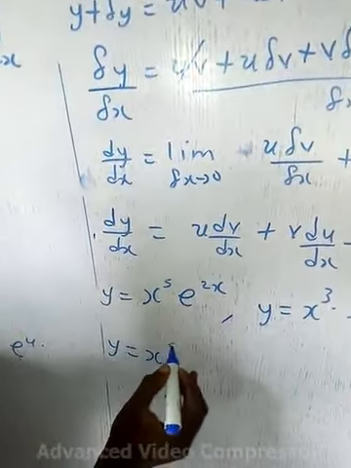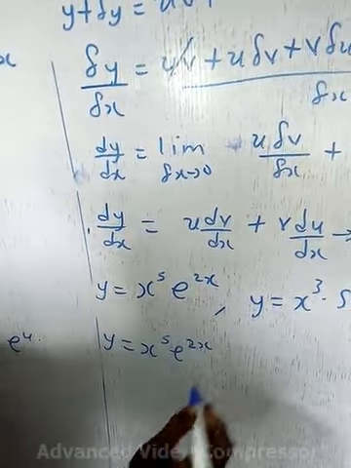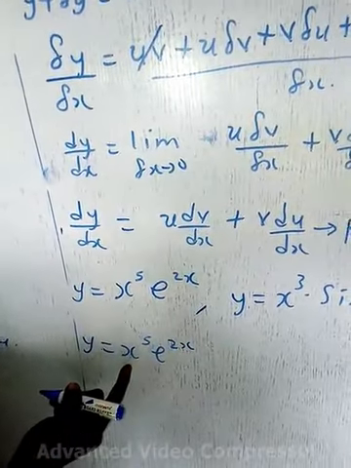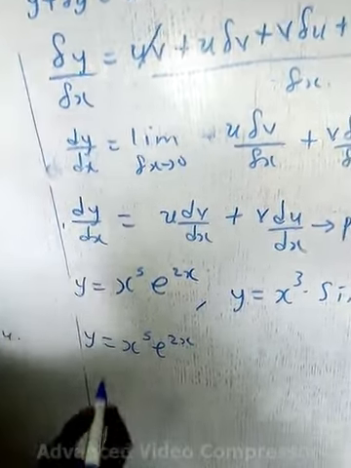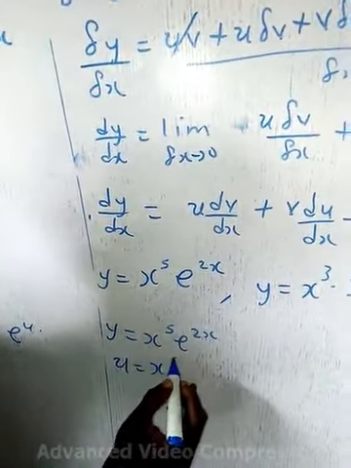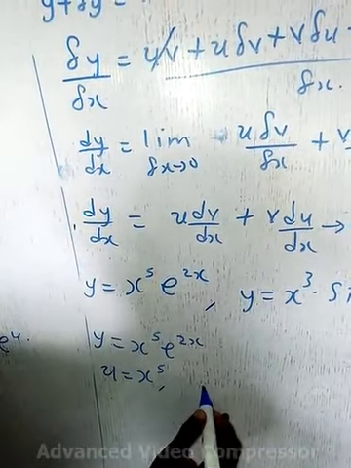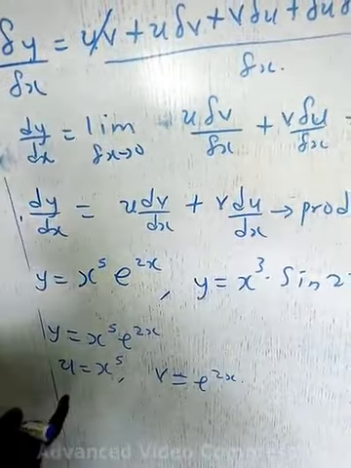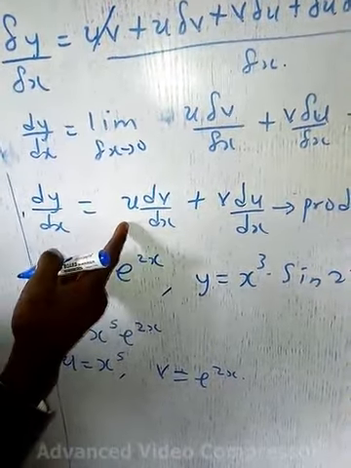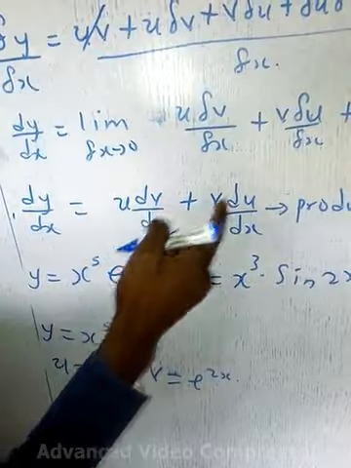You observe that x to the power 5 exponential 2x, this one is a function of x, which is the u. This one is also a function of x, which is the v. Then we can say my u is equal to x to the power 5, my v is exponential 2x. According to the formula, dy/dx is u dv/dx plus v du/dx.